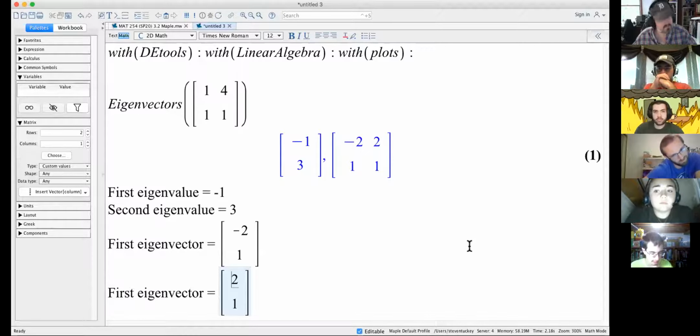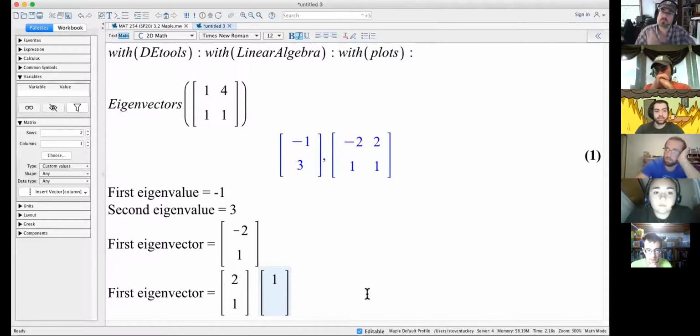Like we got -1/2 and 1. And here's the question. This eigenvector right here, how does that compare to it if I put a 1 there for the top number? What does the bottom number have to be in order to be pointed in the same direction? Remember, this first one is saying go right 2, up 1.